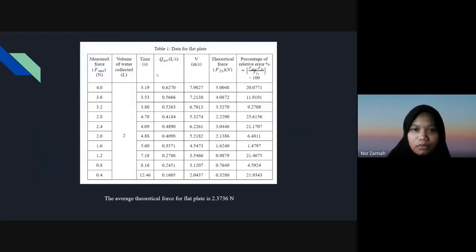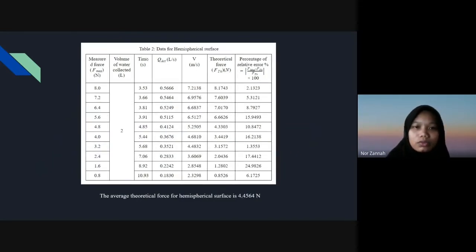So from the steps, we can get all these values. The average theoretical force for the flat plate is 2.3736 Newton, and this is Table 2, which is the data for the hemispherical surface.